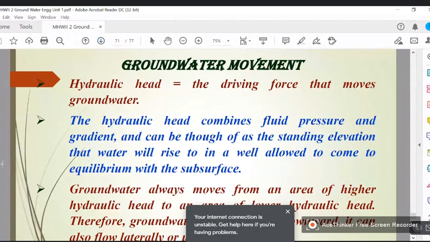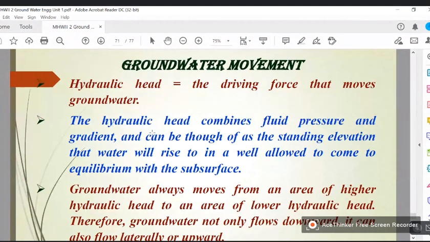So the hydraulic head combines the fluid pressure and the gradient and can be thought of as the standing elevation that water will rise to in a well allowed to come to equilibrium with the subsurface.